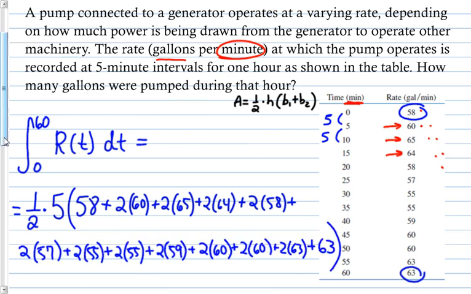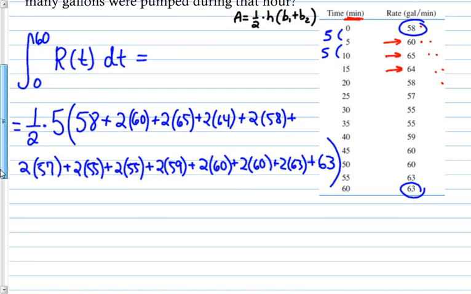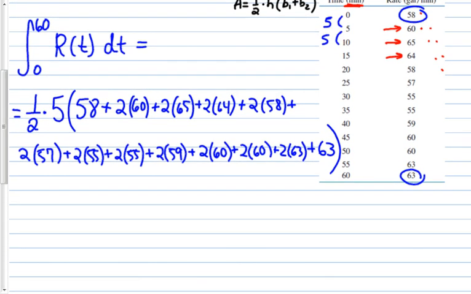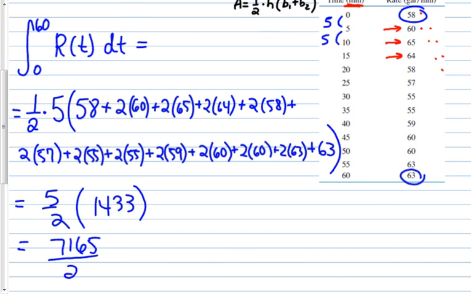So I multiplied every single number by 2 except for the first and the last. And so now, simplify. So 5 halves. And in the parentheses, if you add all of those up, you get 1433. Multiply by 5, I get 7165 divided by 2, which is 3,582.5 gallons.